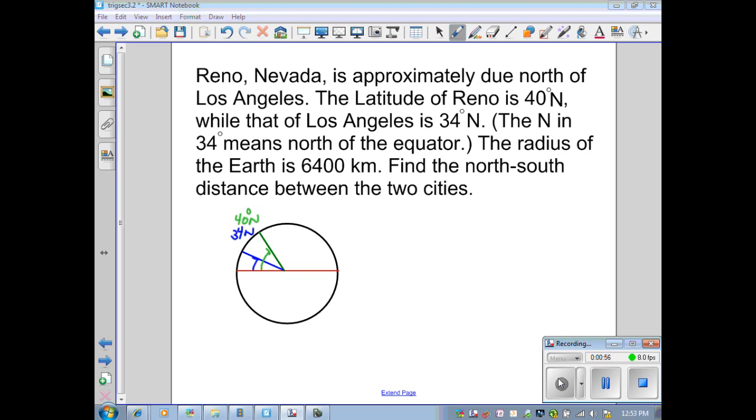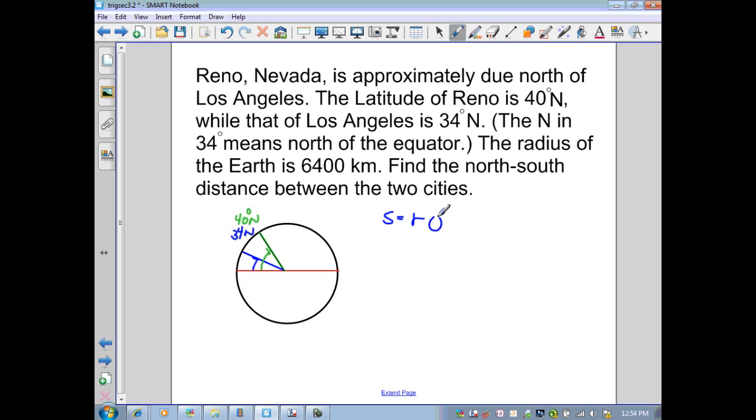So what we still want to use here is our formula for S equals R theta. In this example, we know that R is going to be the radius of the Earth, which is 6,400 kilometers. But in this situation, we are given two thetas. We are given 40 degrees for Reno and 34 degrees for Los Angeles. And what we want to do is find the distance in between these two.